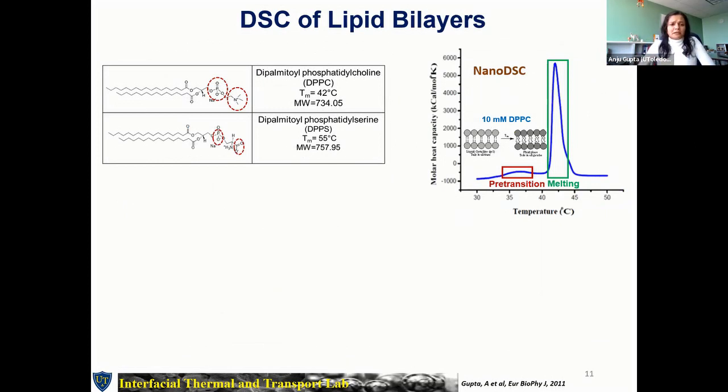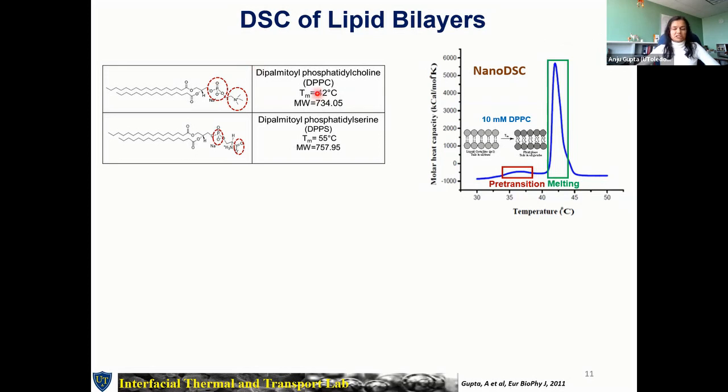As I mentioned earlier, cell membranes are composed of a variety of lipids, but to keep things simpler, to create simple models for cell membranes, in all my work, we use two kinds of lipids. So our bilayers are now mixed lipid bilayers. We use one lipid, which I have shown you has a zwitterionic headgroup. That means it has a net neutral charge of 0 millivolts. And the melting temperature of this lipid is 42 degrees Celsius.